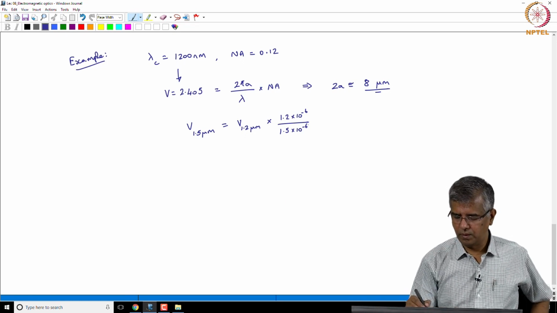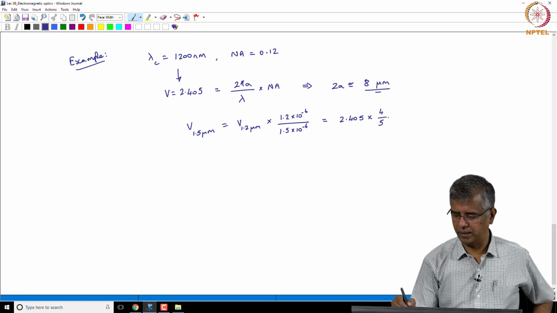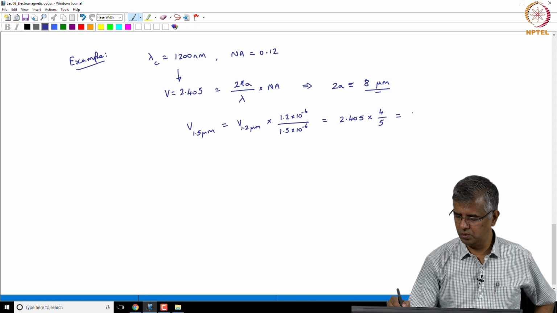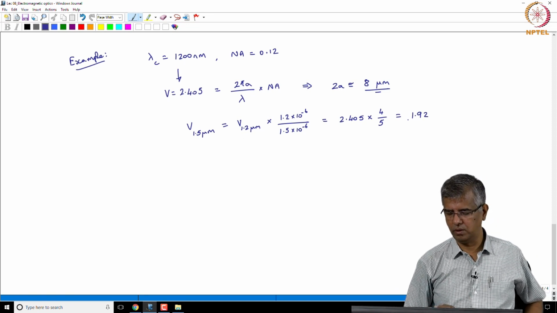So that is basically 2.405 multiplied by, you can just say this is a factor 4 by 5, which would give you about 1.92. Okay.